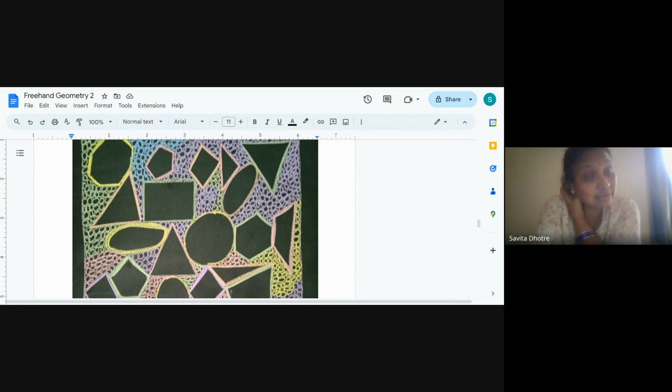Another thing is, with this kind of forms, they said, can we just fill it up with a black crayon? I said no. One needs to be very patient when you're working with something like this. The children who are artistically gifted, they don't have a problem.